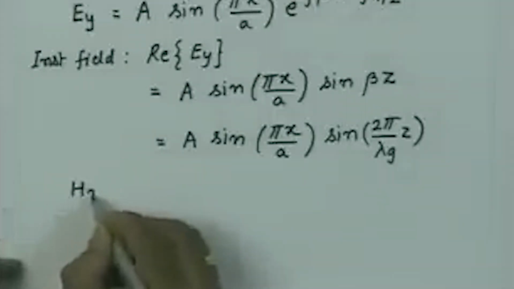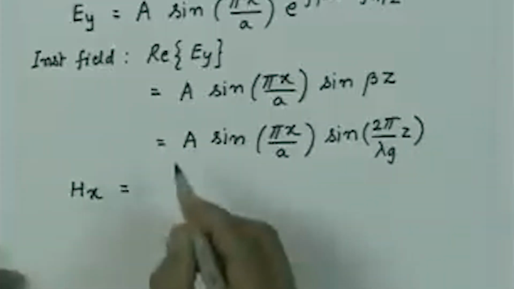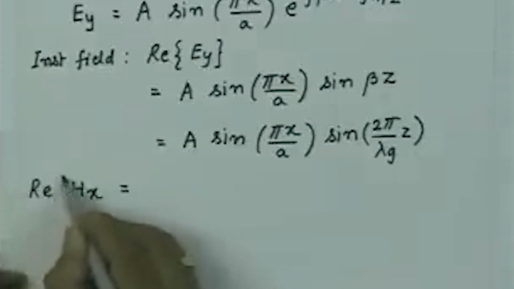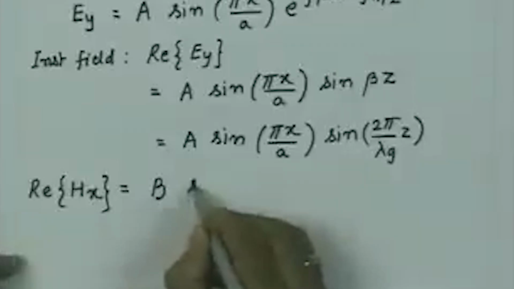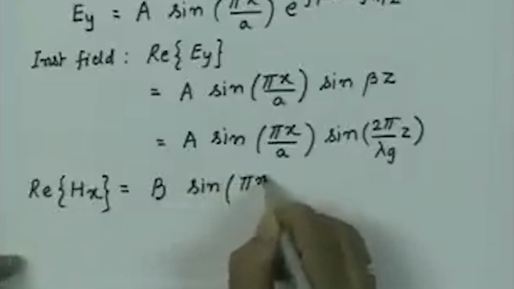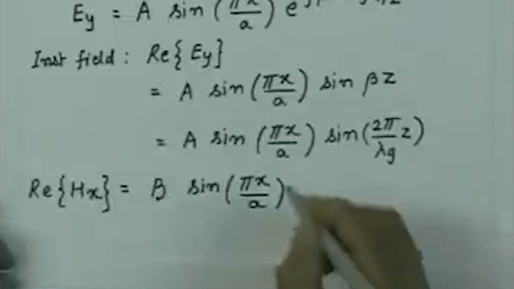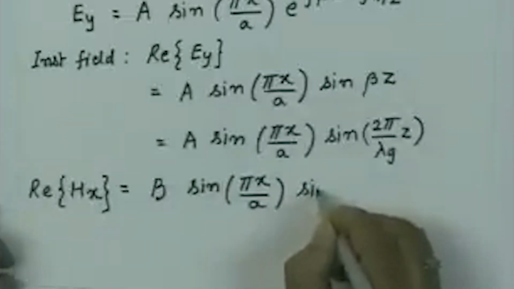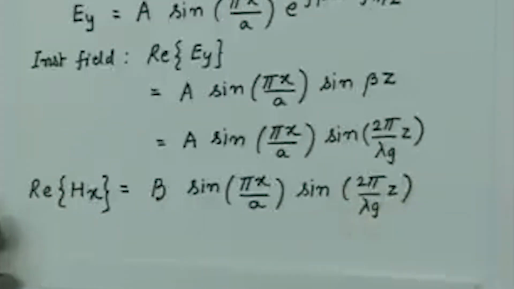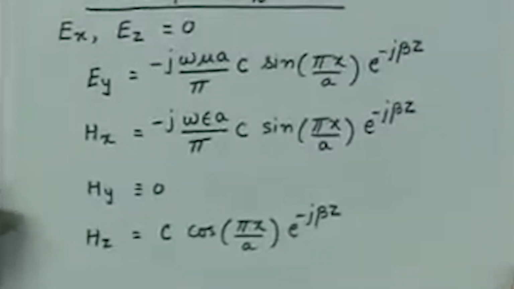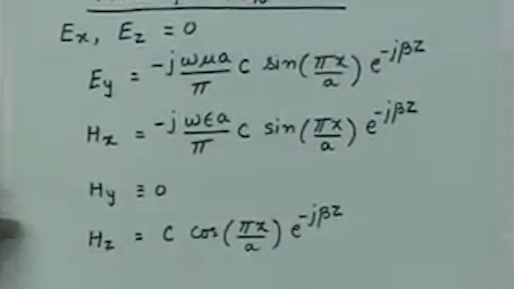So, H x I can write down the instantaneous value, that will be real part of H x, which will be some constant b sine of pi x upon a, and this quantity is same, again we can take here minus j up there. So, this will be sine of 2 pi by lambda g into z, and I can get again the instantaneous value for the magnetic field z component, and there is no j here now.